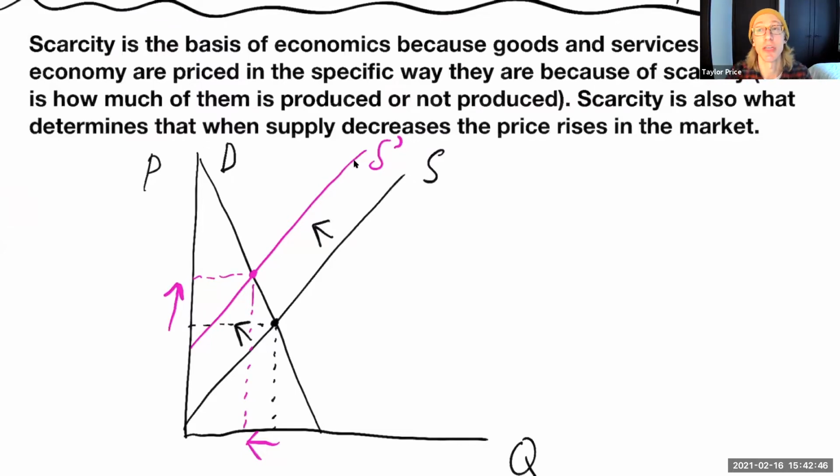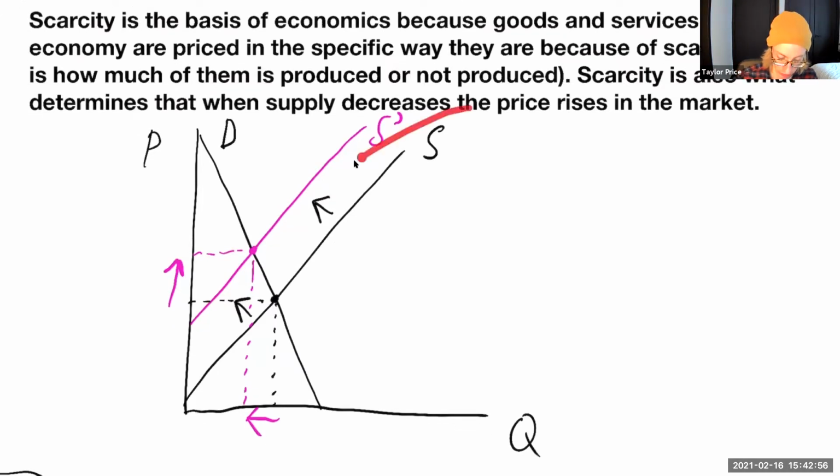Scarcity is also what determines that when supply decreases, the price rises in the market, which you can see here on this graph. If there is a supply decrease, that's going to cause price to go up and quantity consumed to go down. So that is why you can think about scarcity as it relates to supply.